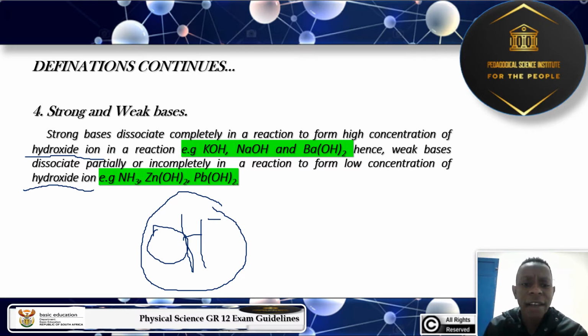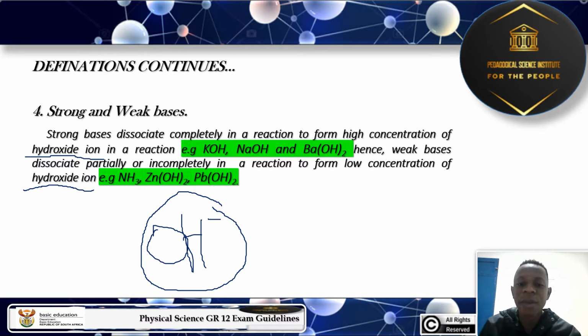Most of the time, it's difficult to distinguish between the two whenever you are given a chemical reaction. So you need to know them, you need to master them, grade 12. Strong bases are KOH, which is potassium hydroxide, NaOH, which is sodium hydroxide, and barium hydroxide.